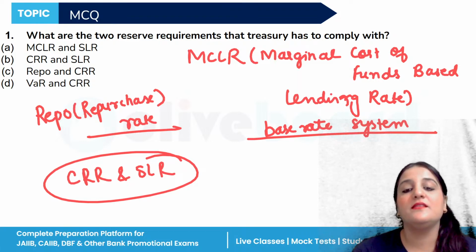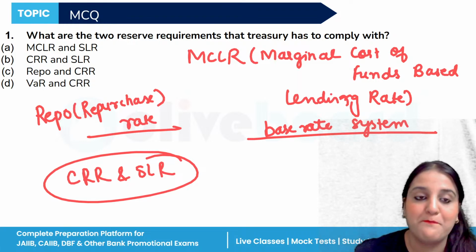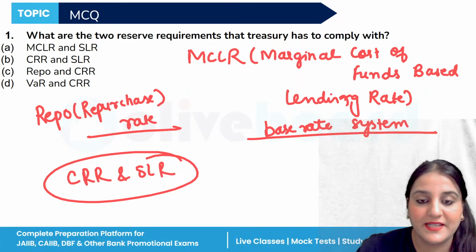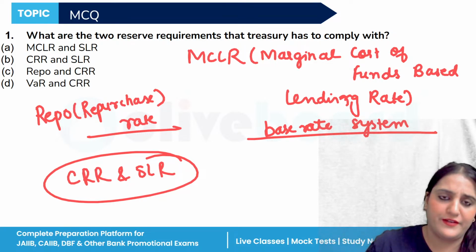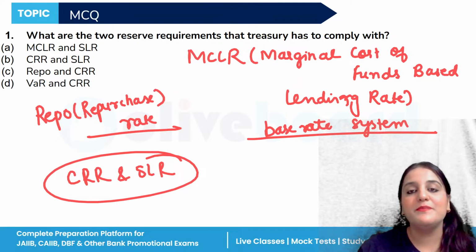And SLR is the statutory liquidity ratio. This is the percentage of a bank's net demand and time liabilities that must be maintained in the form of liquid assets such as gold, cash, or government approved securities.